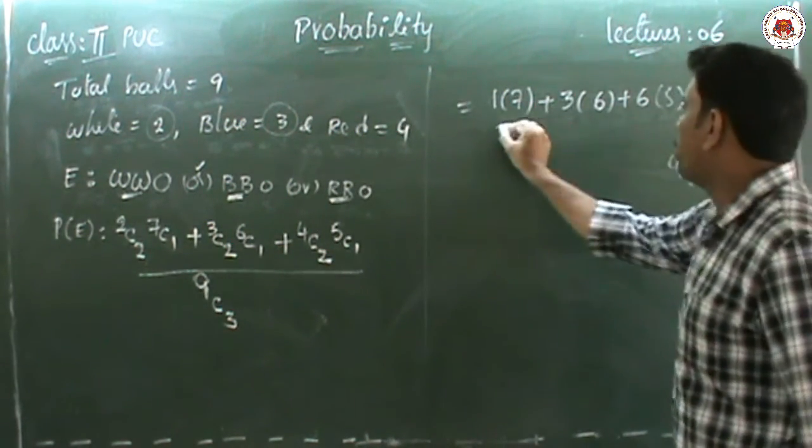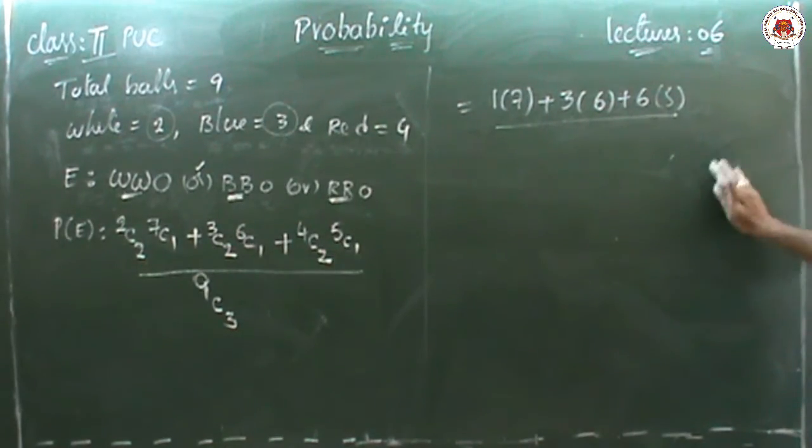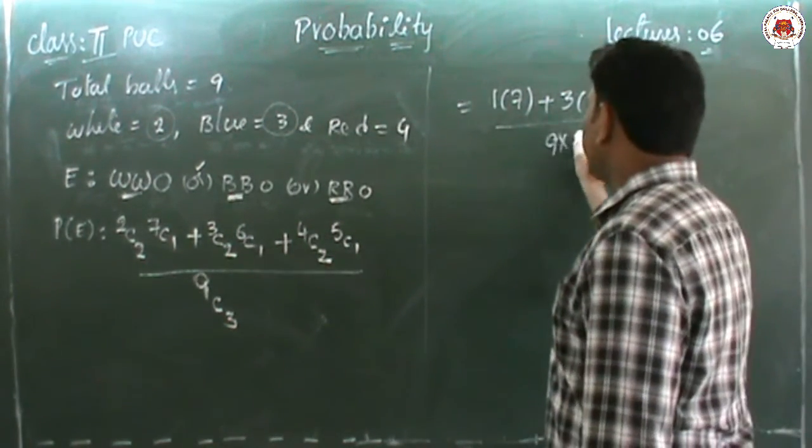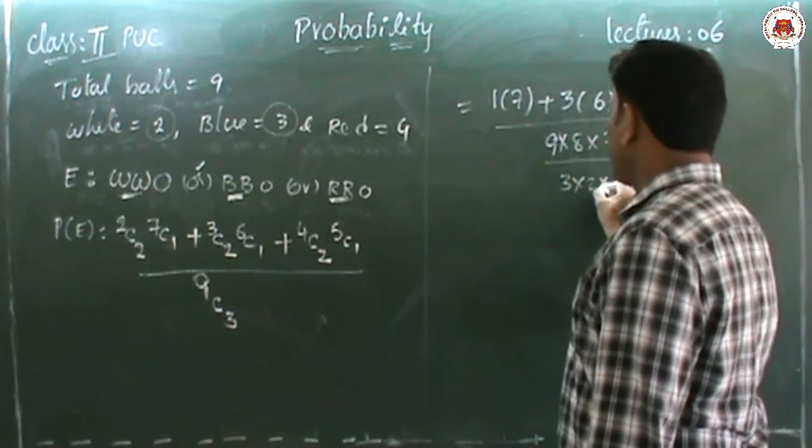5C1 is 5. Now 9C3 means 9 into 8 into 7 by 3 into 2 into 1.